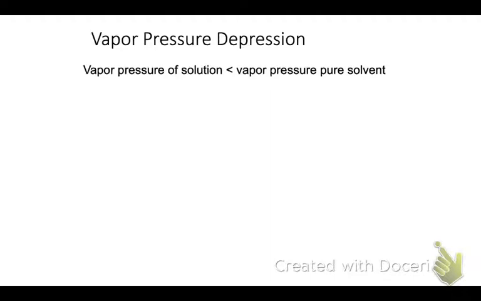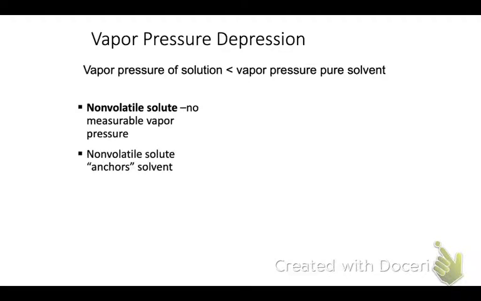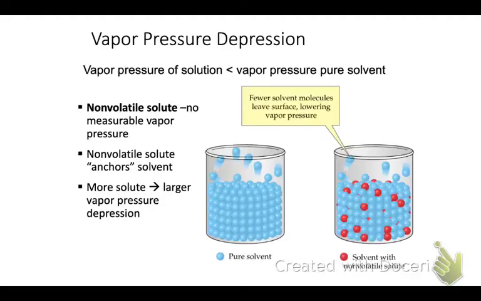So more solute, more depression in the pressure. The vapor pressure of the solution will always be less than the vapor pressure of a pure solvent, if the solute is non-volatile and has no measurable vapor pressure. That's when we really apply this.